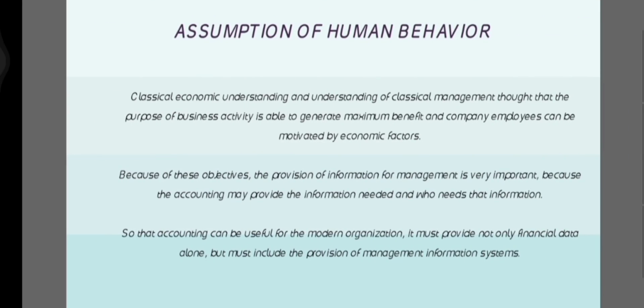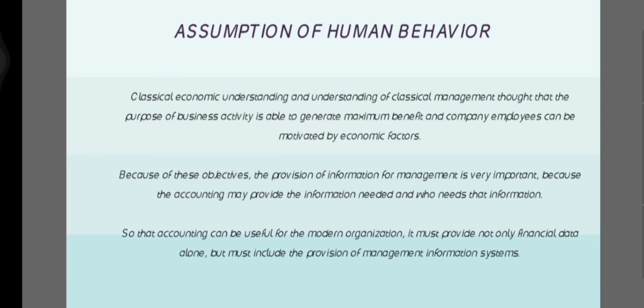Assumptions about human behavior. Both classical economists and classical management theorists assumed that the primary goal of business activity was profit maximization and that organization members were motivated primarily by economic factors.